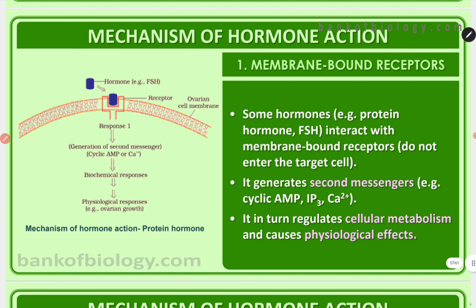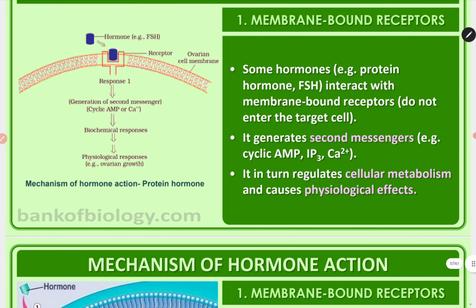Let's see, first of all, membrane bound receptors. Some hormones, for example protein hormones like FSH, interact with membrane bound receptors and do not enter the target cell. It generates second messengers, for example cyclic AMP, IP3 or Ca2+, which in turn regulate cellular metabolism and cause physiological effects.